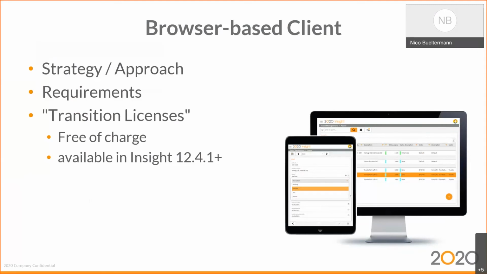This loaner license is available since Insight 12.4.1. You would need to update to 12.4.1, and then you just need to give us a call or send us a message, and we will provide you these loaner licenses free of charge, and then you can use the new BI module on the web.